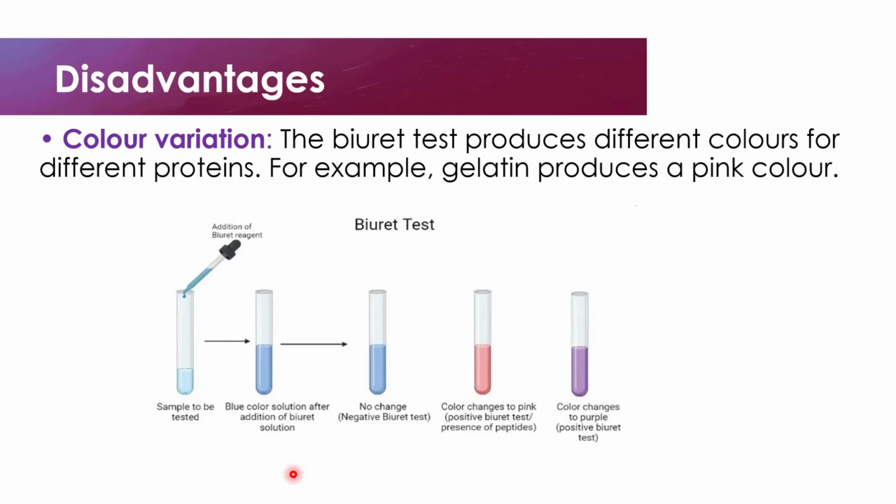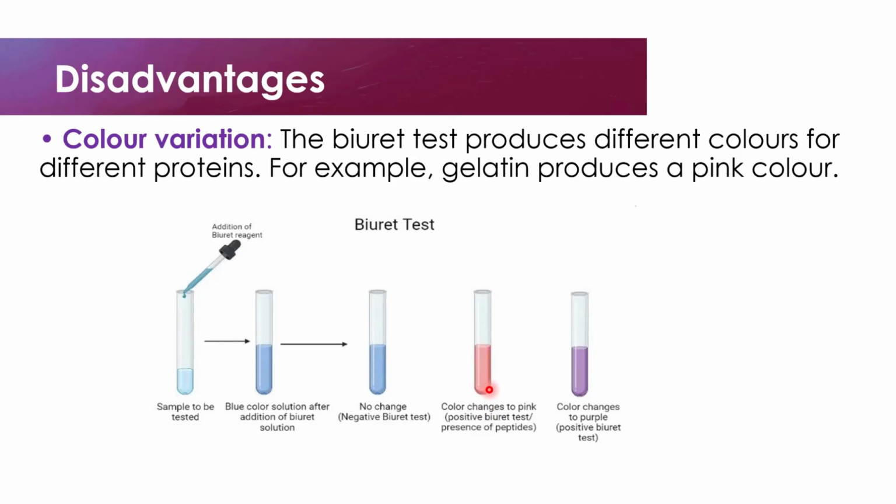And finally, there is a color variation. Over here, the Biuret test produces different colors for different proteins. For example, gelatin produces a pink color. As you can see over here, this is a Biuret test indicating a positive test result, though the color is not purple.